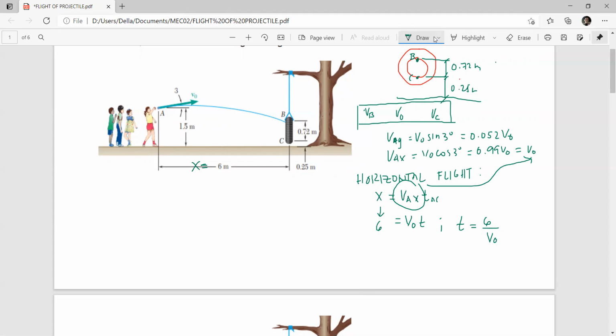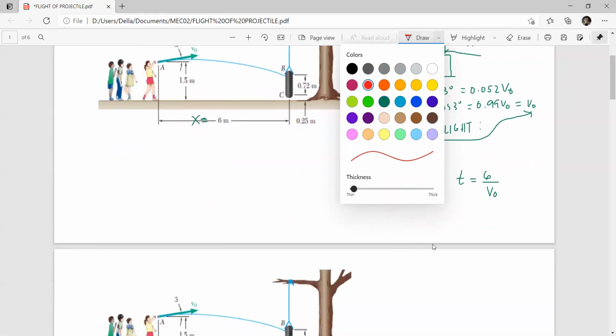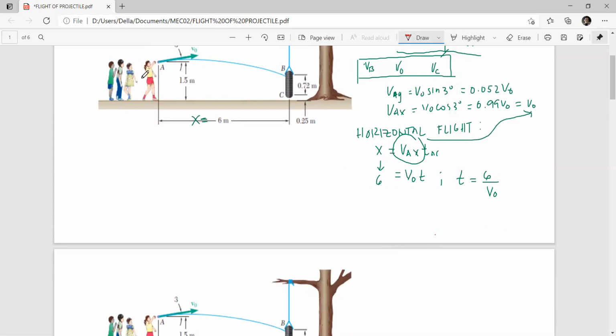Then let us proceed to establishing the equation along the vertical component. So vertical flight, we have this equation along vertical.